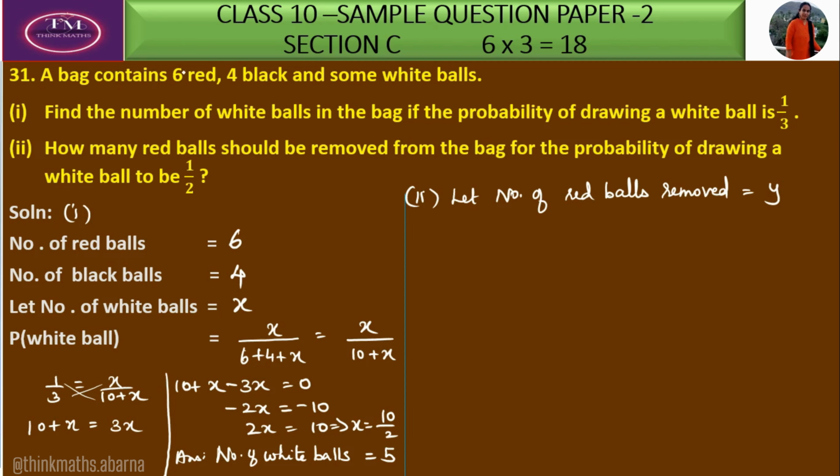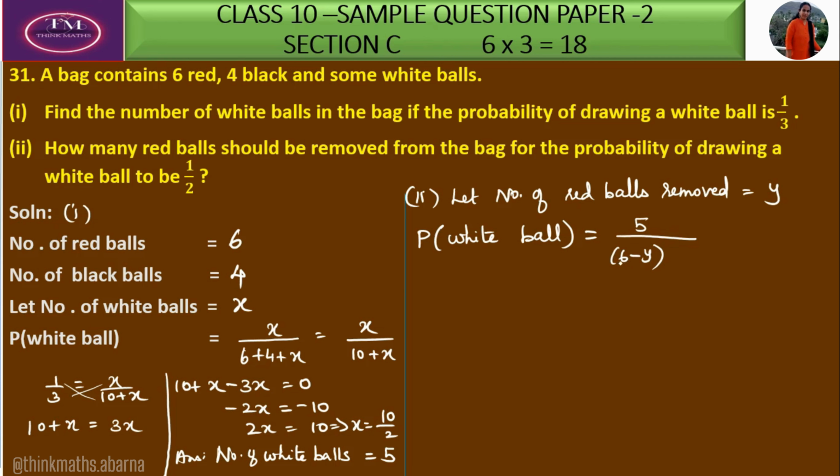From 6 red balls, y red balls are removed. What is given here? The probability of drawing a white ball. The probability of a white ball equals the number of white balls, which we found to be 5, divided by the total number of balls.